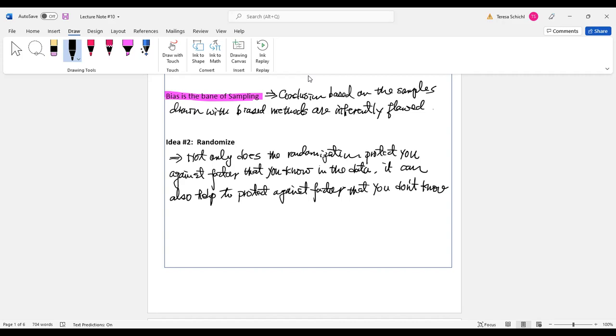You don't know where they are. Okay, so that's why we want to do the randomization here.